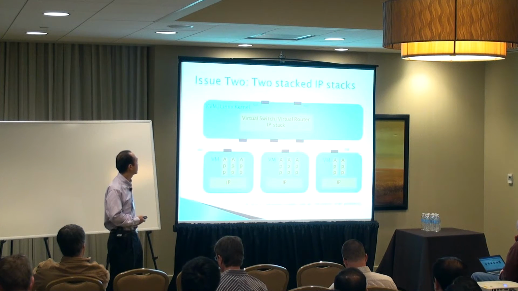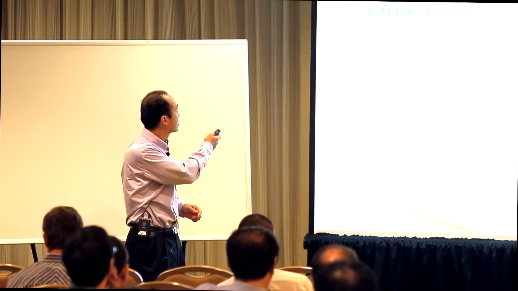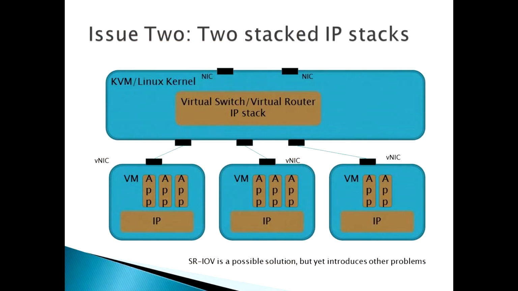The second issue is what we call the two-stacked IP stack. As I mentioned here, people convert the Linux kernel itself directly into the hypervisor, becoming KVM. That inherits the so-called IP stack. In most VMs, we also have the TCP/IP stack.